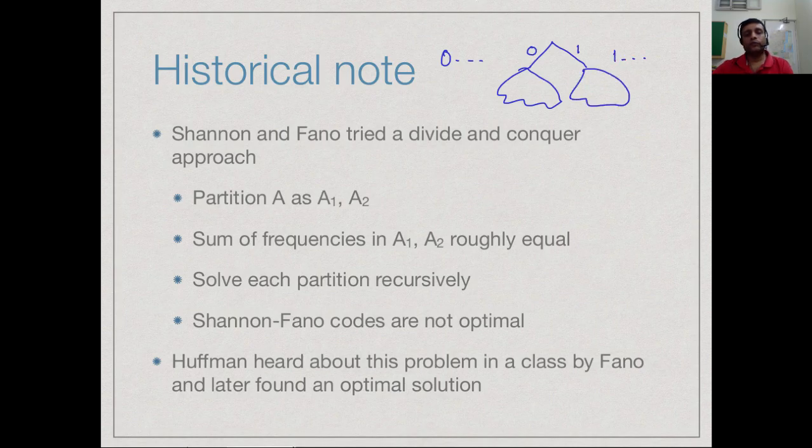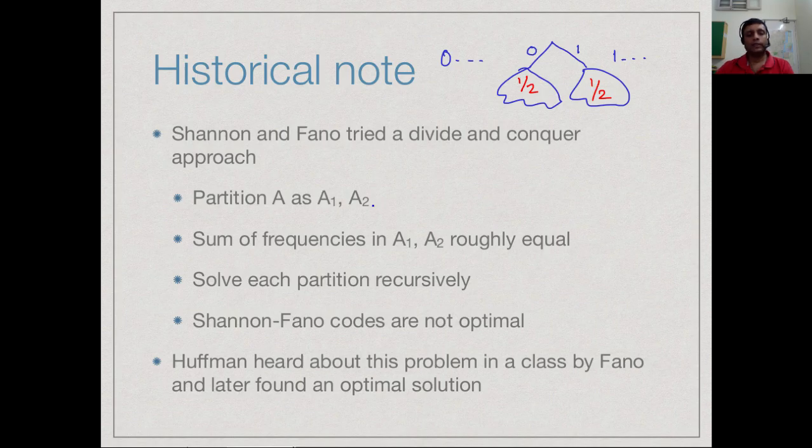So it seemed intuitive to them that a divide and conquer strategy is good. What if I put letters on this side such that they occupy roughly half the frequency weight of the total alphabet? That is, if I take the frequencies of all the letters whose encoding starts with 0, their frequencies add up to roughly half, and the other one also to half. So I split the alphabet into two of equal weight, assign some of them to start with 0, the other to start with 1, and then I recursively solve this.